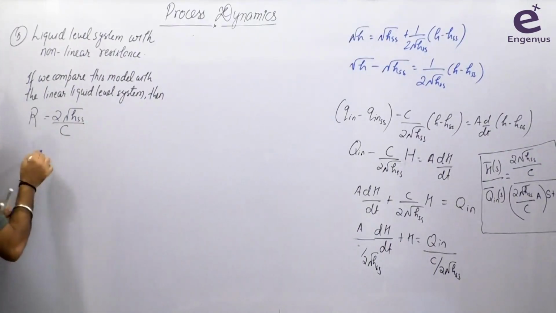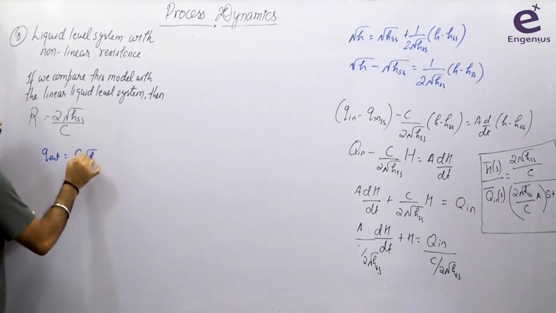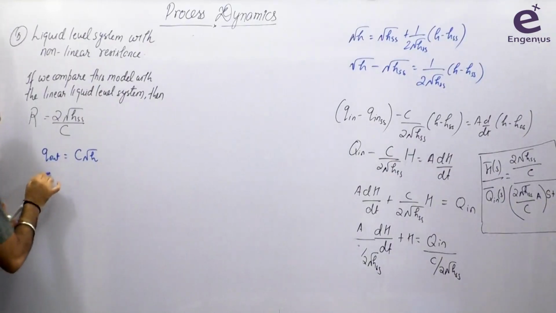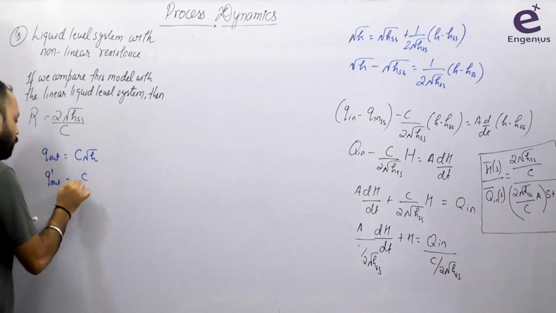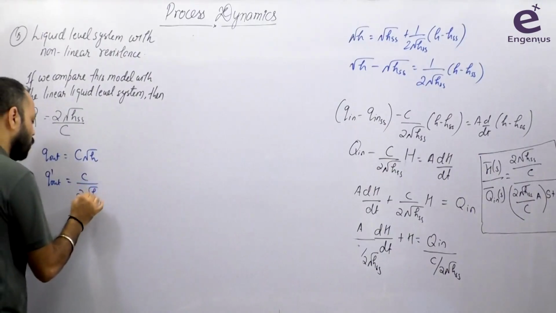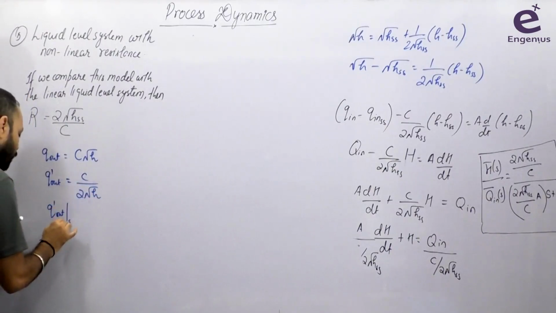We were having this relation that Q out is equal to C root H. Clear? Can you tell me what is Q out dash? Dash means derivative, not that kind of dash. Q dash means derivative. That is C by 2 root H. Can you tell me the value of Q dash out at steady state?